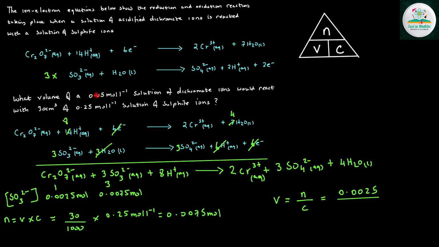The concentration of the dichromate solution is 0.05. That would give me, as my final answer, 0.05 liters. And if I want to convert that into cubic centimeters, I just have to multiply this by 1000, and I would get 50 cubic centimeters. So that would be my final answer.